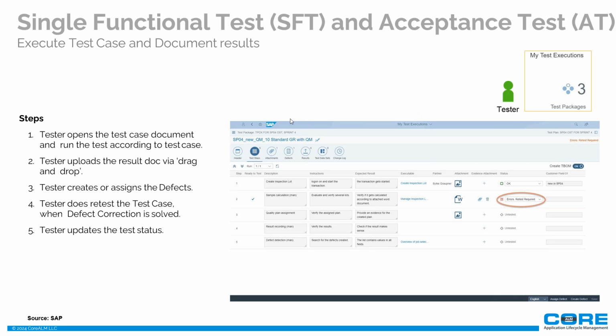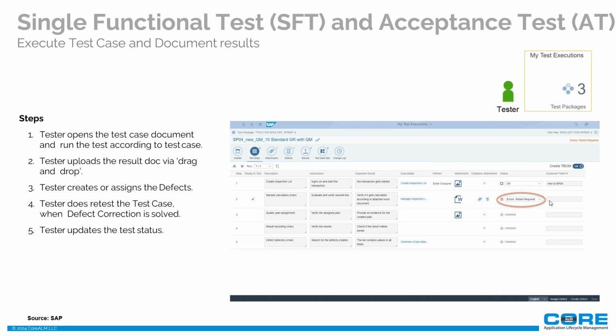As a tester, when I go to my test execution, I see all my test cases. I see my test package, and I go into my test case. I see the description, the structure, and my expected results. I can add the evidence, see the attachment, and attach the evidence, whatever is needed.